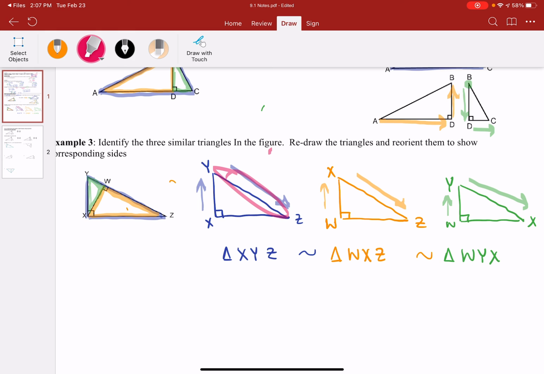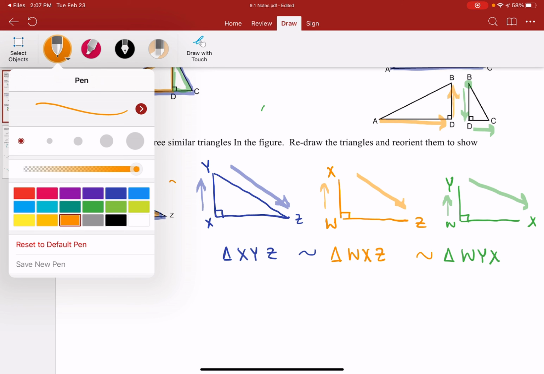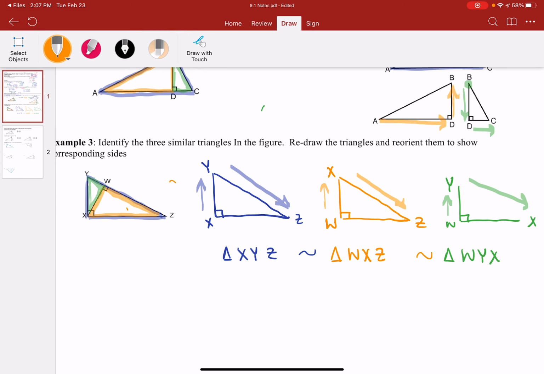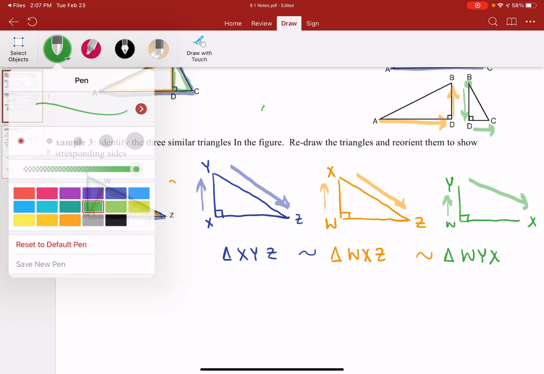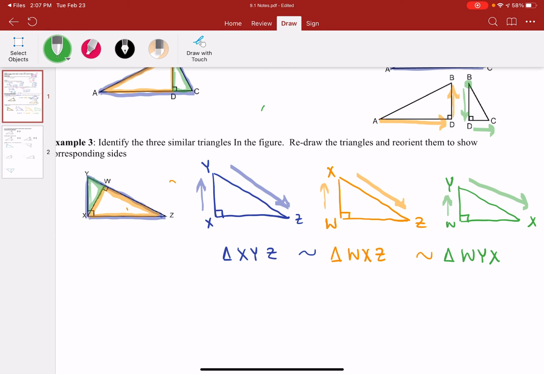That's going to go with the hypotenuse in my orange triangle, which is XZ. That's going to go with the hypotenuse, which is YX. So we're going to have to be able to identify those different things in each shape. Okay, so that is what we're going to be doing on this next slide here.